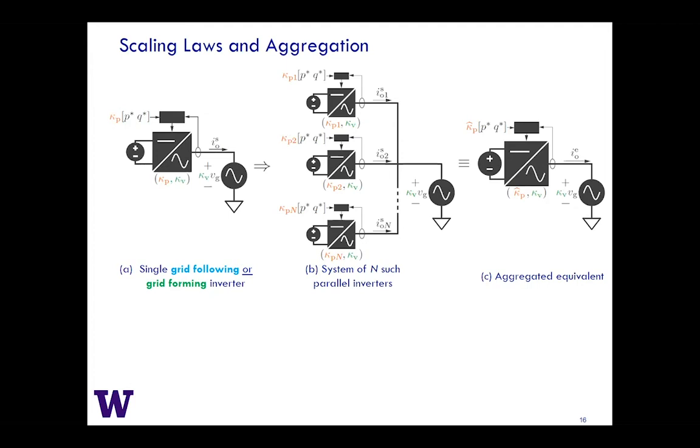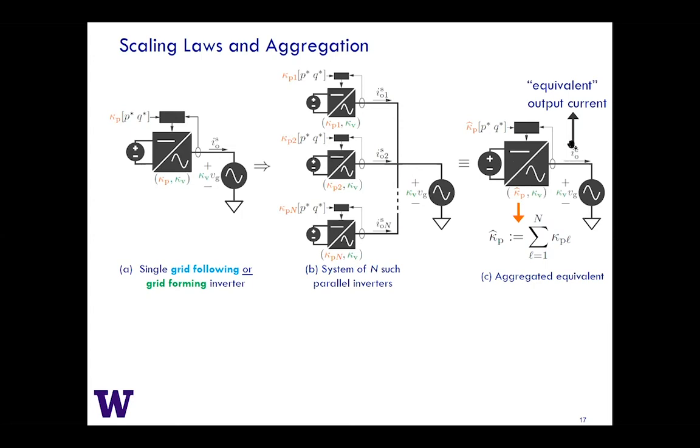And then once you have that, what we show here, and I'm skipping all the math, is that you do get this aggregated equivalent, and it's very intuitive. The power scaling of the aggregated equivalent is just the sum of the power scalings in the individual units. In other words, it has the power rating of the cumulative sum of all of them. The voltage is unchanged because they are all connected together electrically.